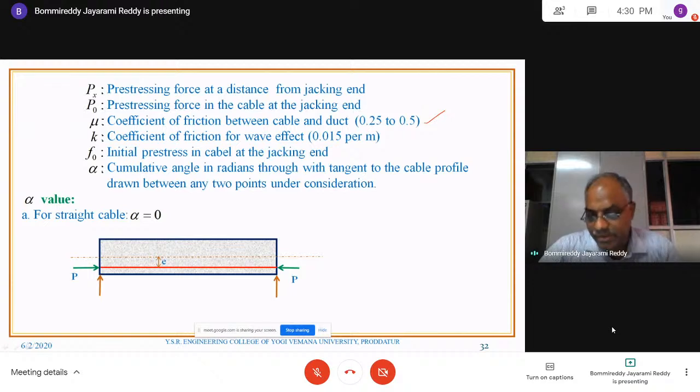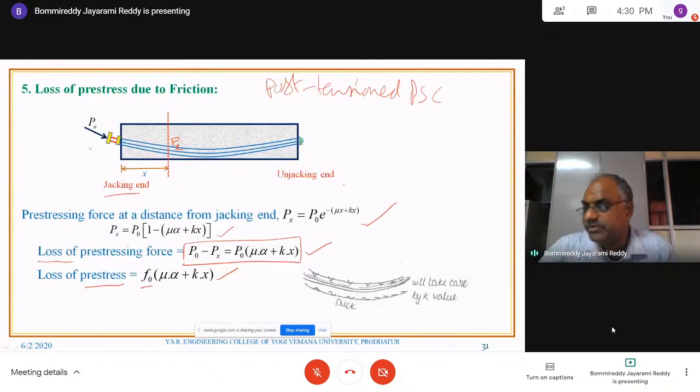So normally loss of pre-stress means at the jacking end to the unjacking end. This is only at the point where x distance. But what is the total loss? Total loss will occur from the jacking end to the unjacking end.